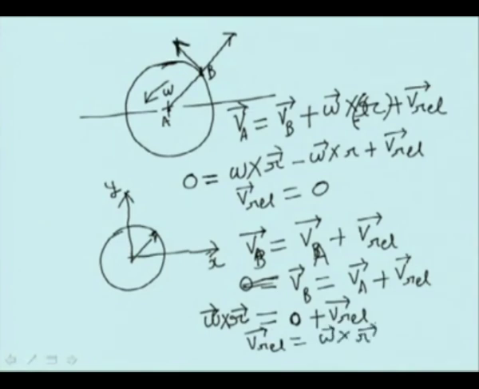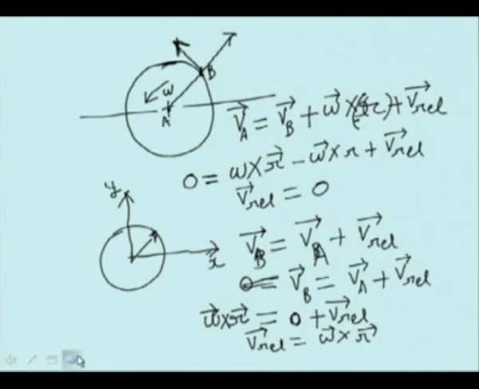That means, if you attach an axis system at point A, it will observe particle B to have relative velocity omega cross r.